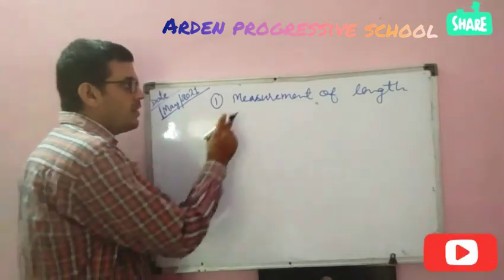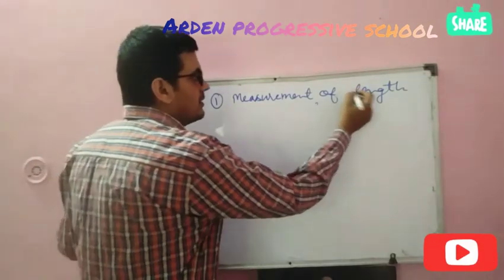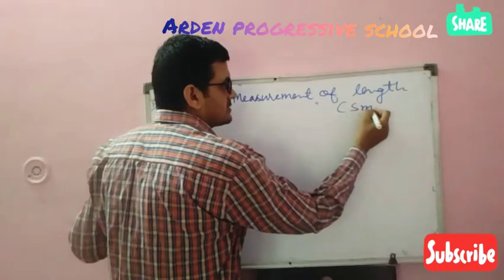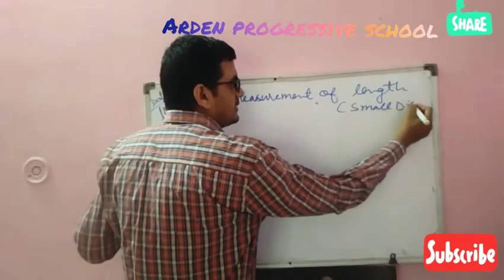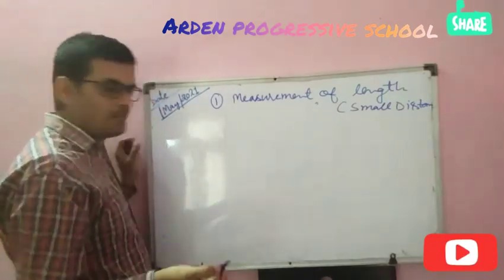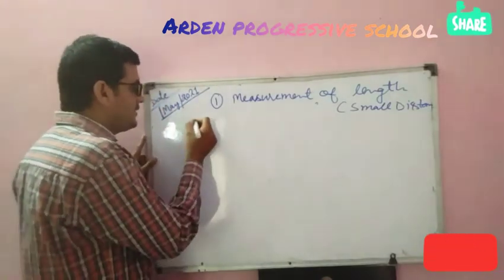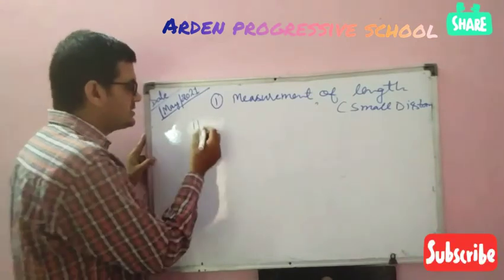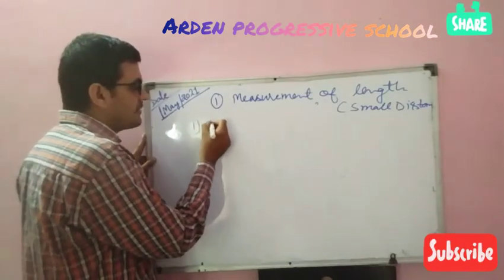Now, measurement of length for small distance. The first unit which is used to measure small distance is very easy: angstrom.